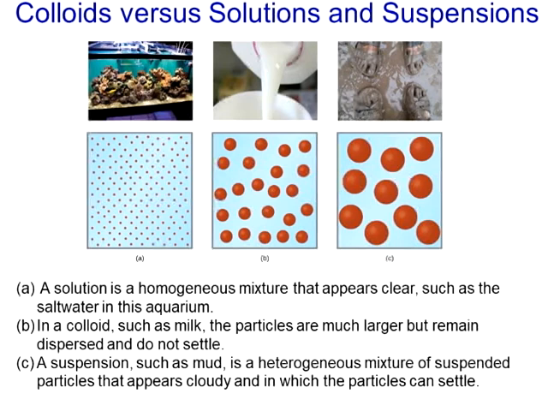So let's talk about this a bit further as we compare colloids to suspensions and solutions. Now, a solution is a homogeneous mixture that appears clear, such as salt water in an aquarium. Salt water forms a true solution because the particles are very small, they're down at the molecular level, whereby they are intimately surrounded by the water molecules, and there are fewer salt molecules that are attached to each other than there are individual ions surrounded by water.